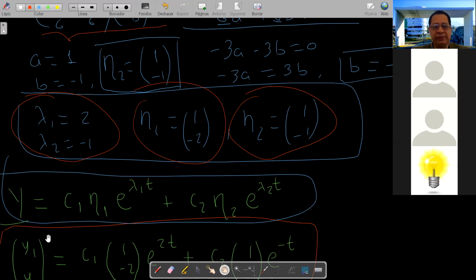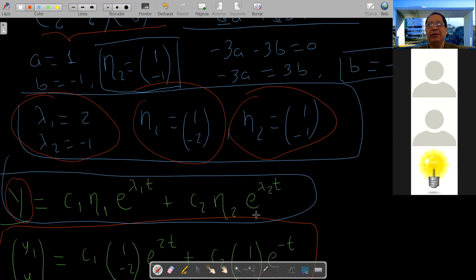And that solution is y, this is a vector. The solution vector, y, will be a constant, C1, times the first eigenvector times e to the lambda 1t plus C2 times the second eigenvector times e to the lambda 2t.